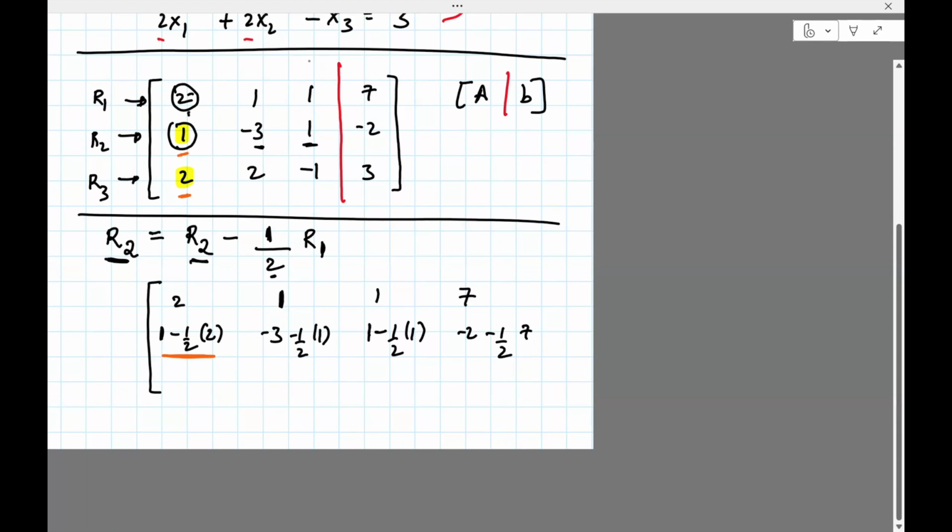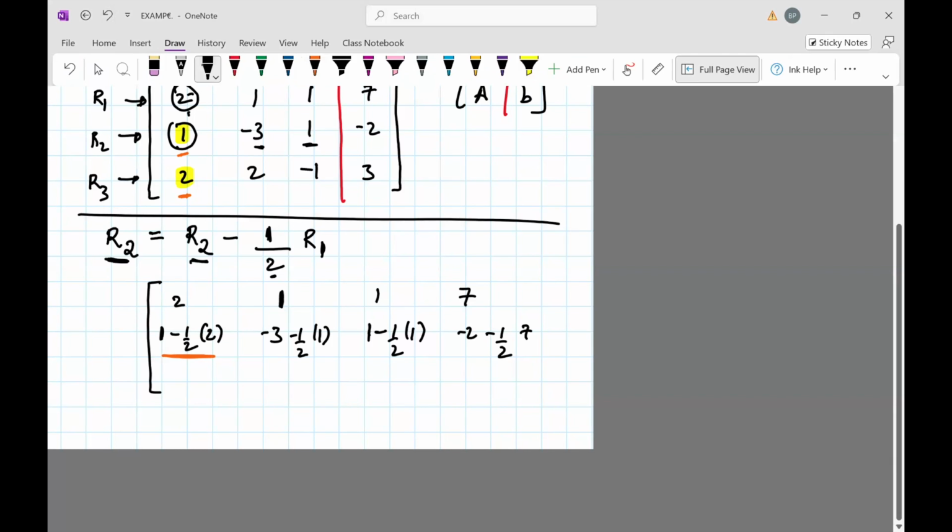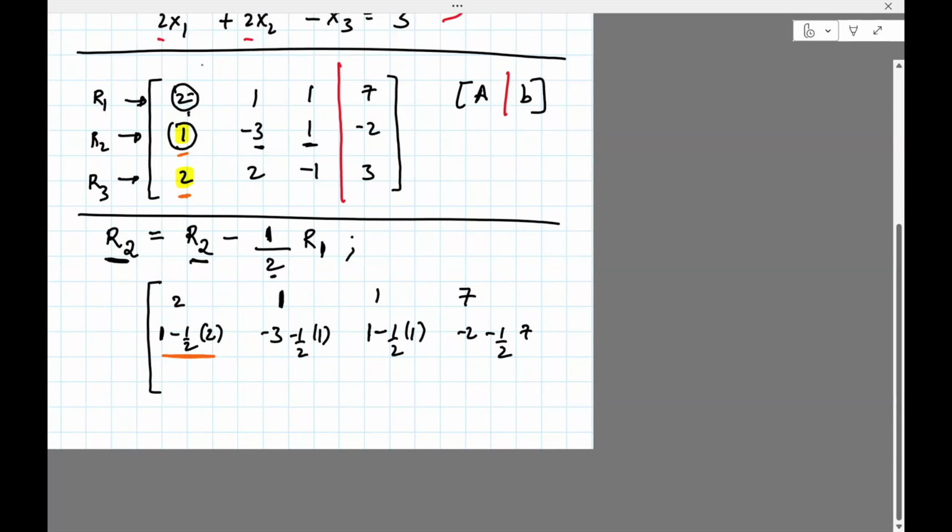You can see that's a 0. So I need a 0 there. So what I do is I do the same kind of method here. Row 3 is equal to old row 3 minus, again, take the pivot, divide, take the value 2, put it up, and then that should be minus row 1.